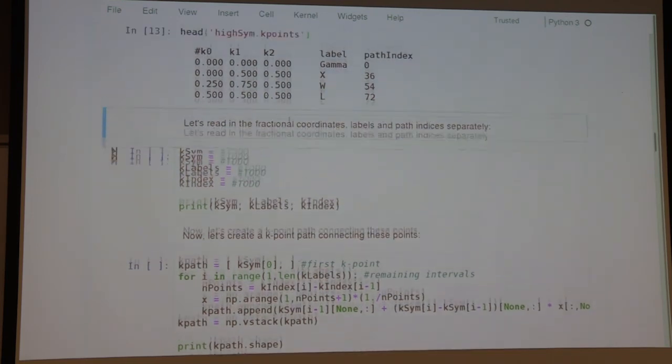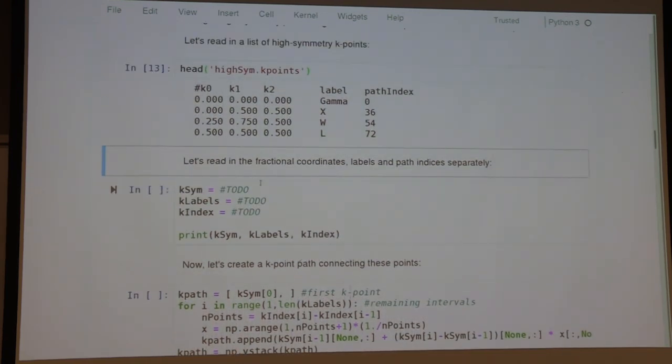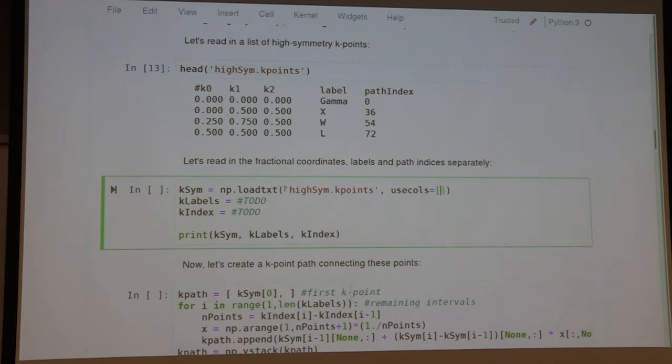So let me separate these out here. I'll first read the high symmetry K points, and I can pick out specific columns by doing this.